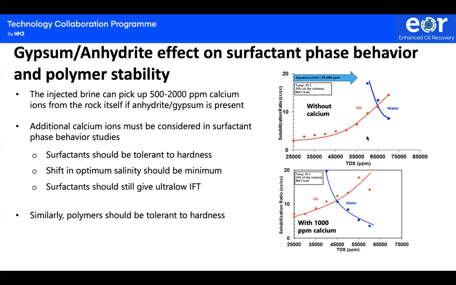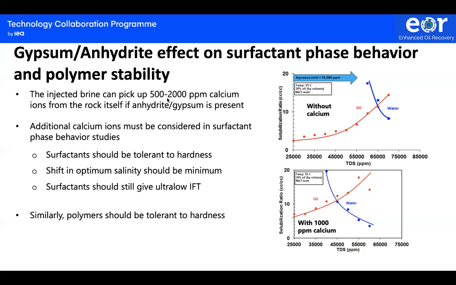What is more worrying is that the change in optimum salinity is about 20,000 ppm. Therefore, if you design your ASP flood according to this phase behavior, you can expect that your study will not be effective because your actual phase behavior is different.